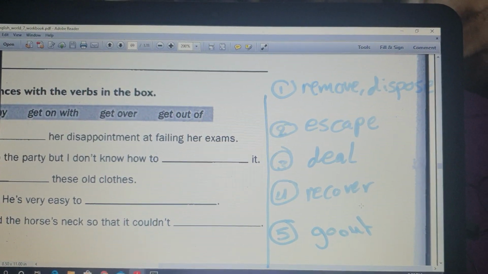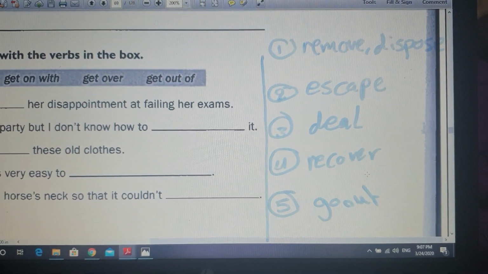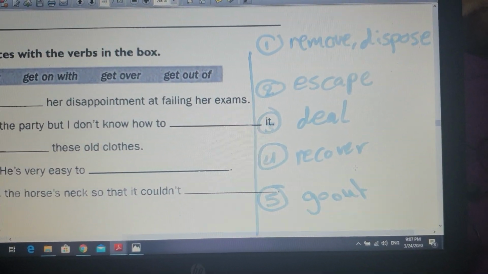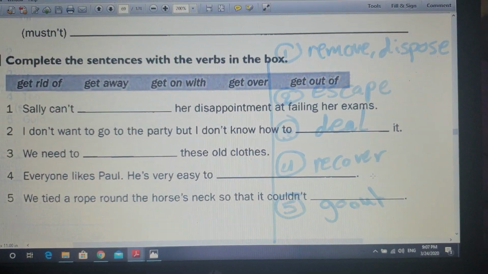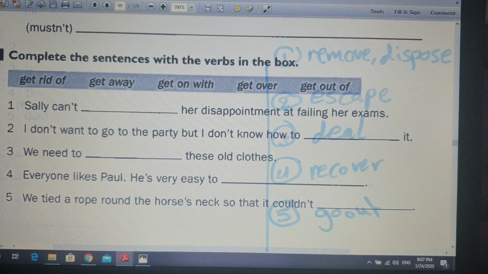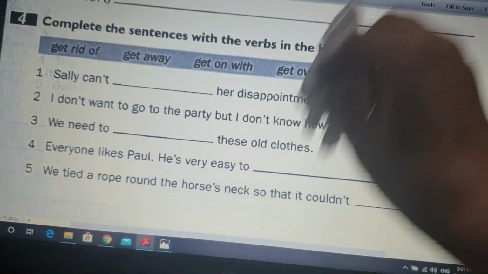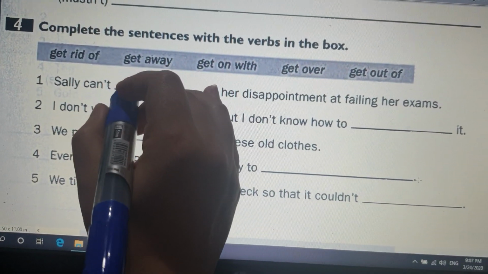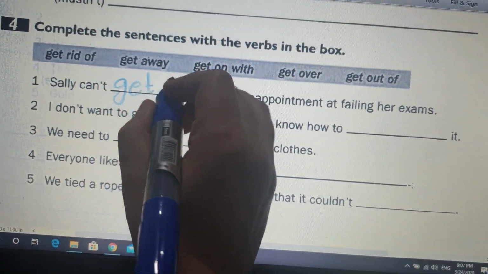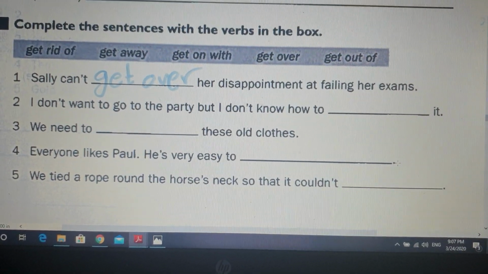And let's do the activity as well. Sentence number 1. Sally can't her disappointment at failing her exams. She can't get over her disappointment, to recover from her disappointment, to become well.